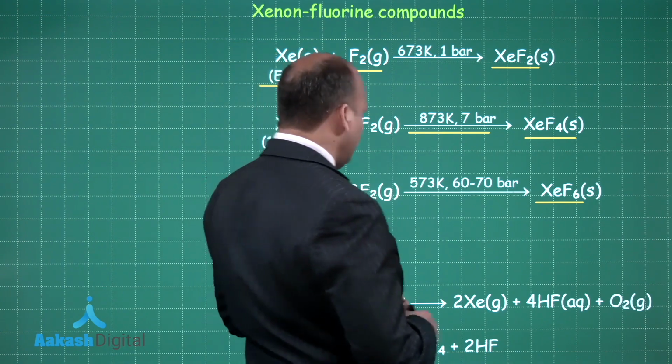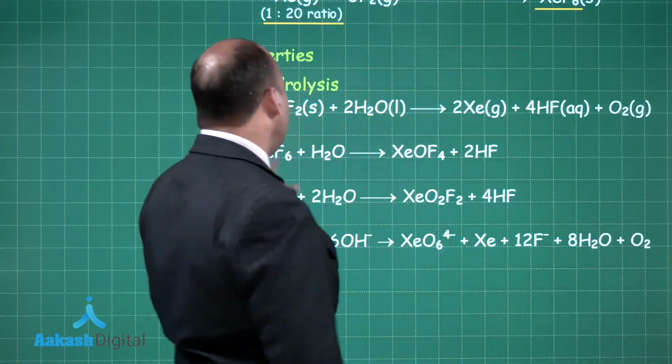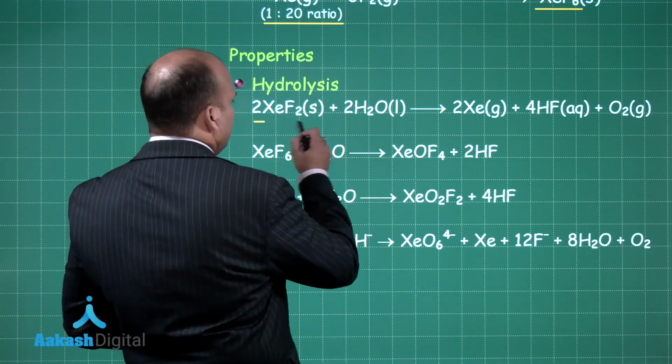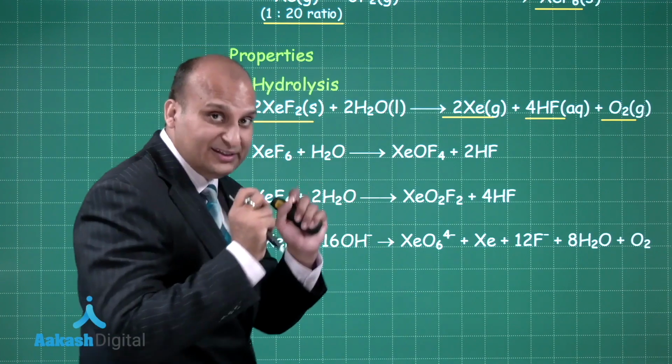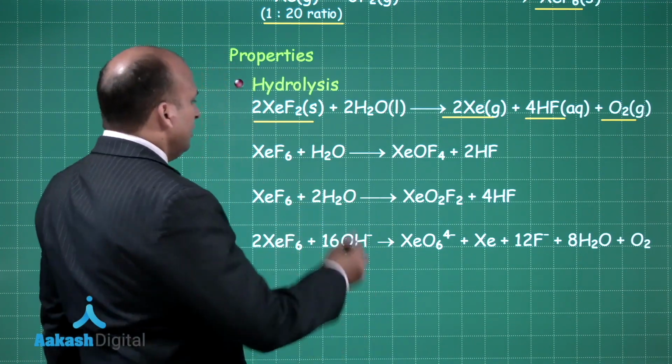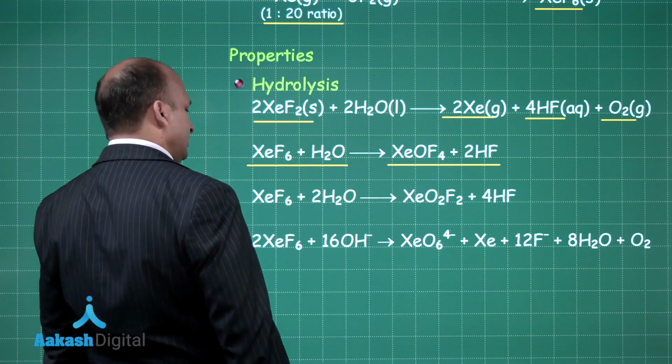Okay, fine. Now this hydrolysis part is very important. When you hydrolyze XeF2, you will get Xe plus 4HF plus O2. They can ask you the equation directly, my dear friends. XeF6 on hydrolysis gives you XeOF4 plus 2HF.